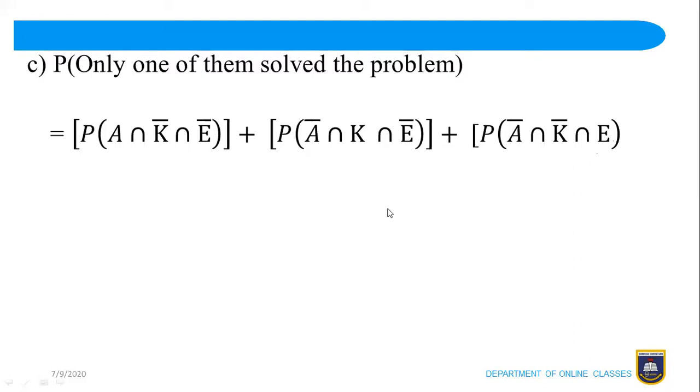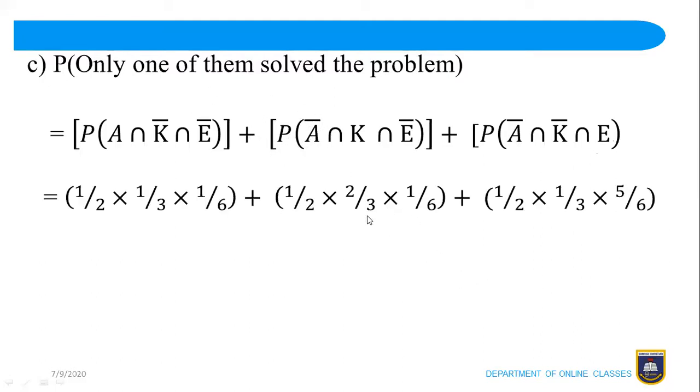Now, if we do our substitutions correctly, we have 1 over 2, which is the probability that Abina will solve, times 1 over 3, the probability that Kwame will not solve the problem, times 1 over 6, which is the probability that Ernest will not solve.